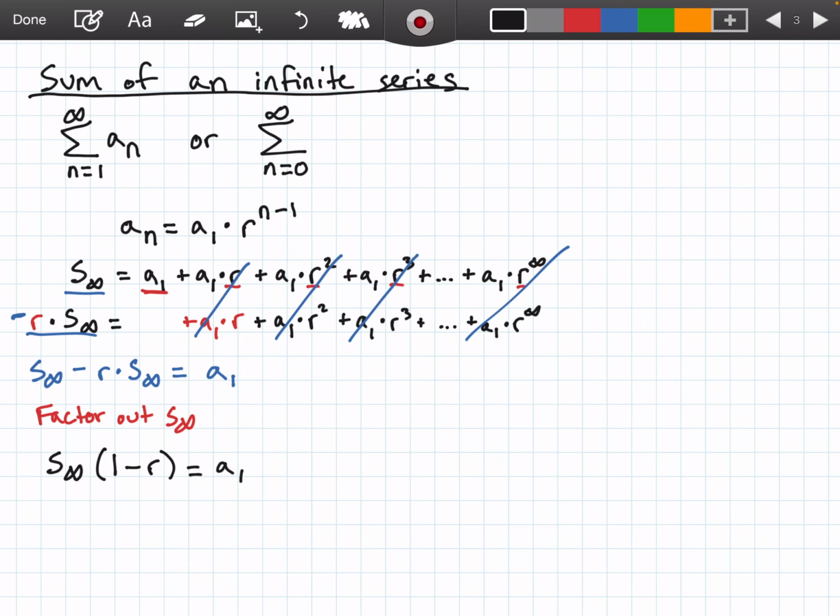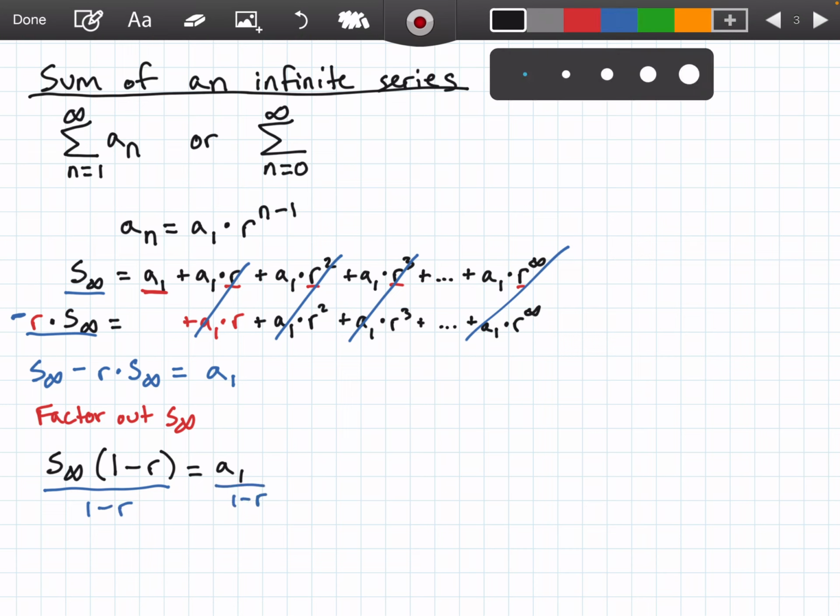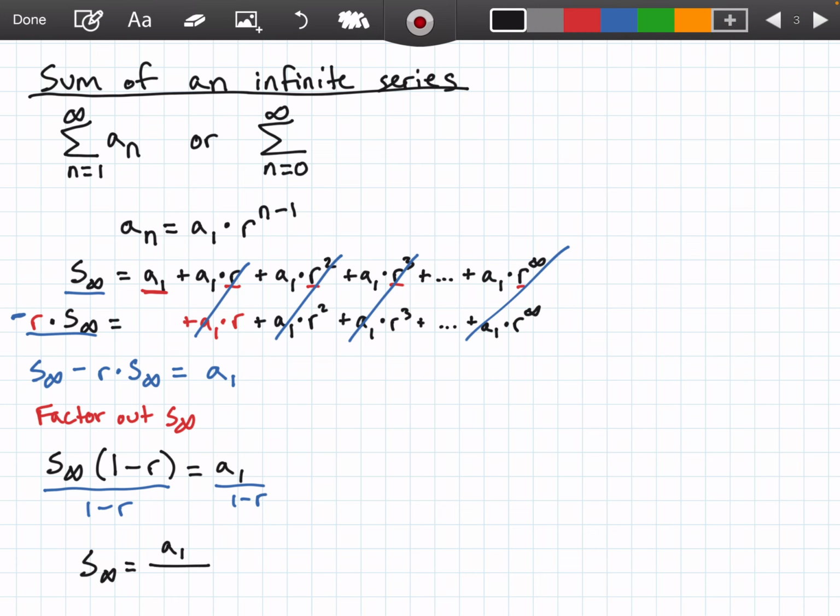And now I can divide by 1 minus r. And that is the formula for the sum of an infinite geometric series.